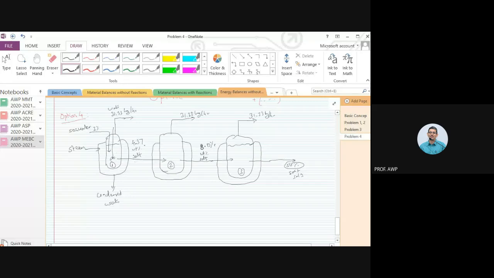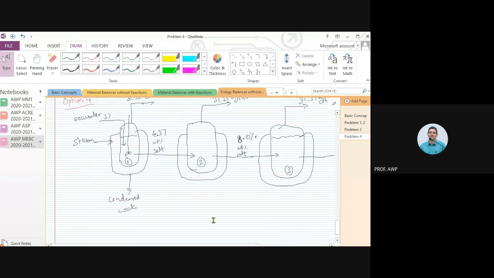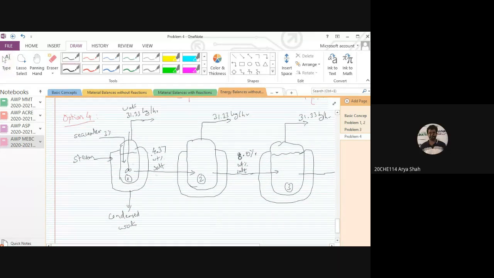What is going to be the boiling point of the solution in evaporator 1? Is it going to be 117? No, sir, it will decrease. Why? Because now the boiling point elevation is only going to correspond to 4.37 weight percent.